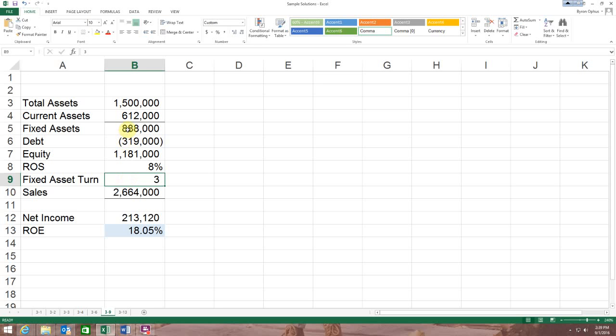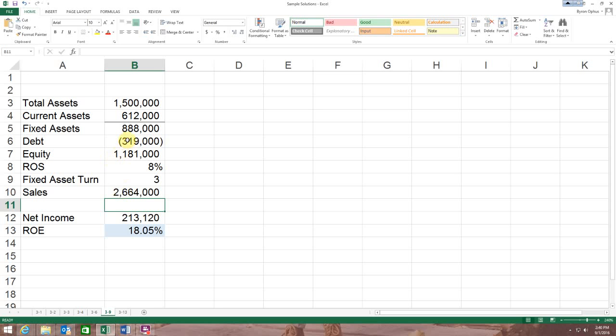If I'm turning over my fixed assets in terms of sales 3 times, then my sales are going to be equal to 3 times my fixed assets, or $2.664 million.